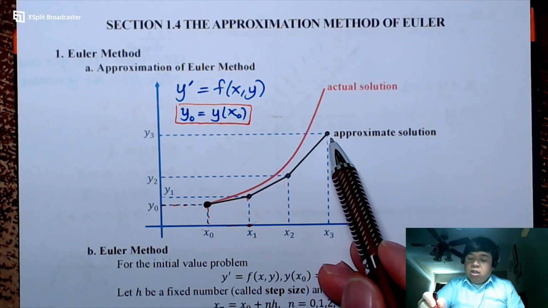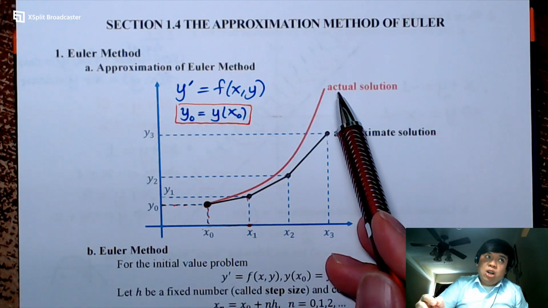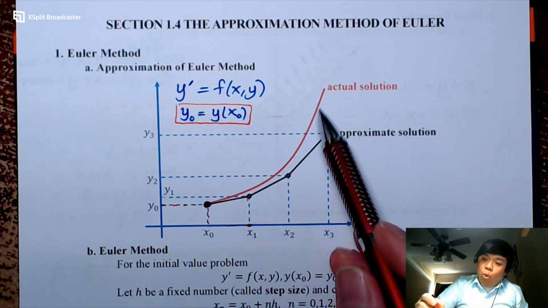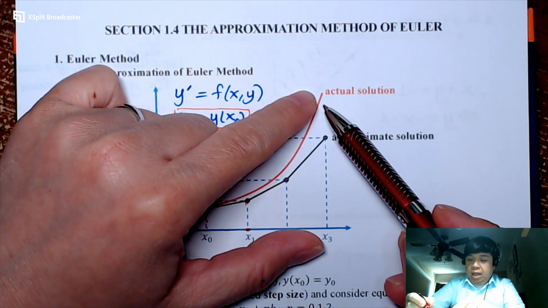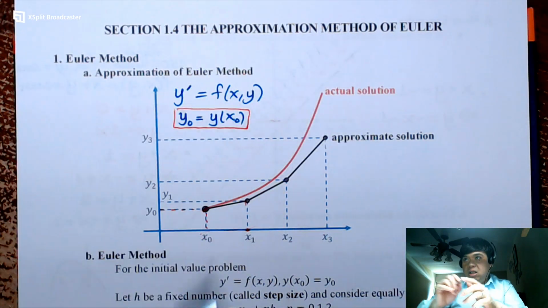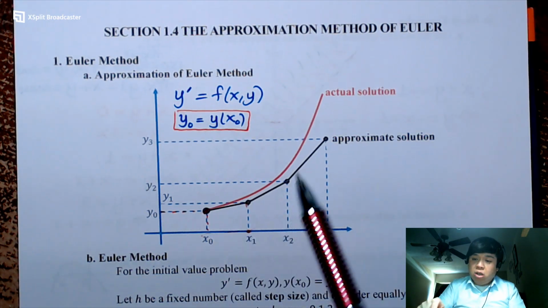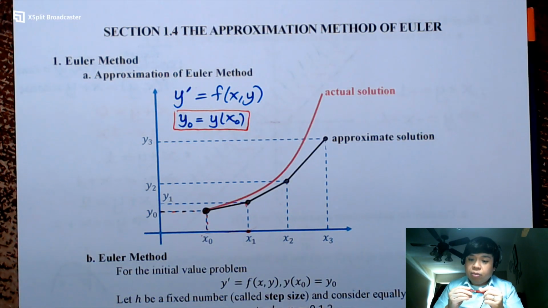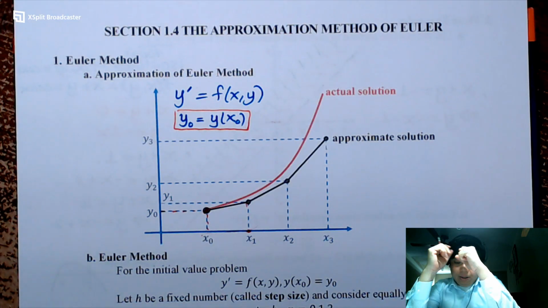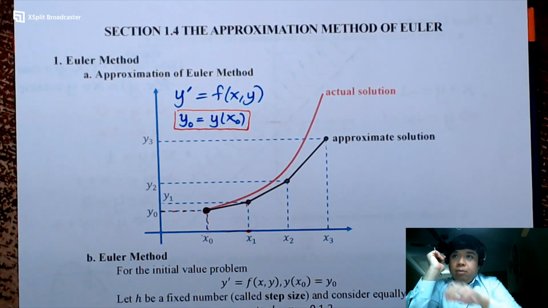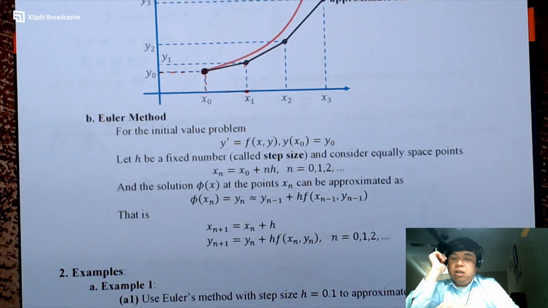The approximate solution will not be as good as the actual solution. The further away from the initial condition, the worse it gets. But nevertheless, we have an approximation based on the slope and the initial point. Okay, so the Euler method.